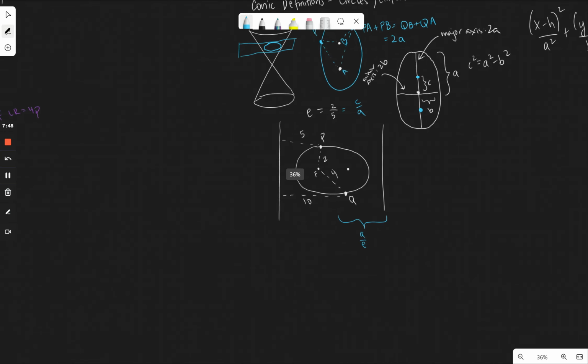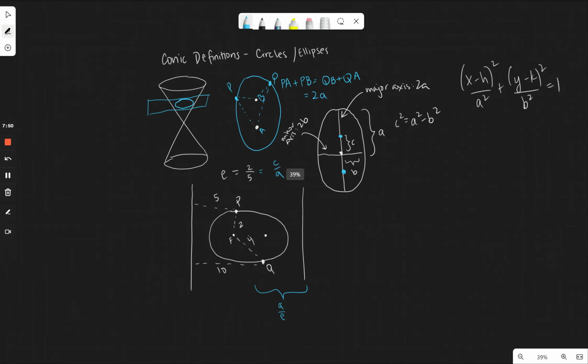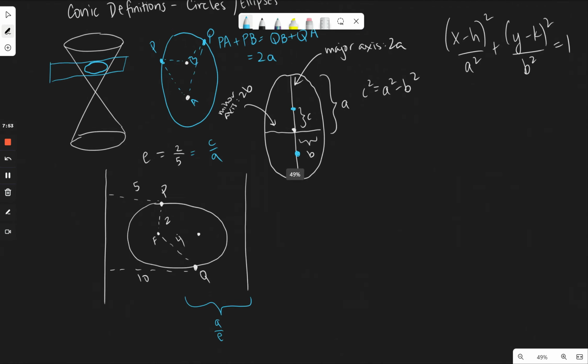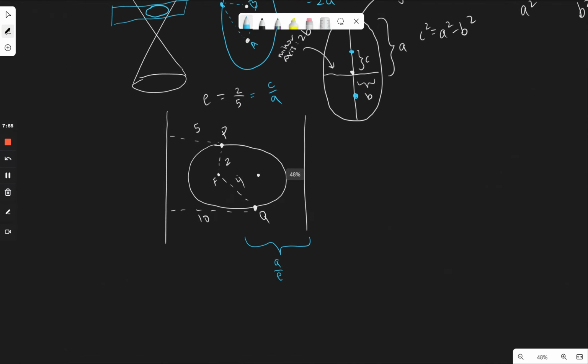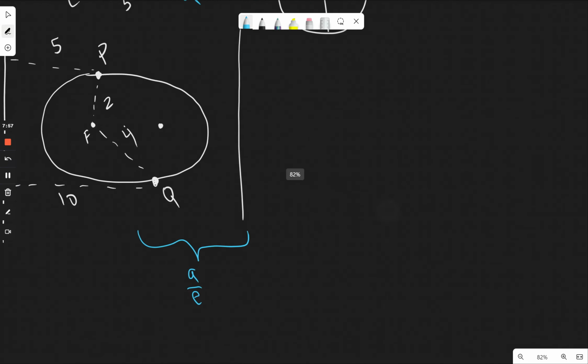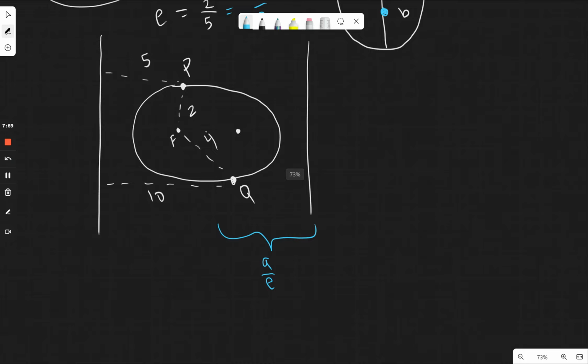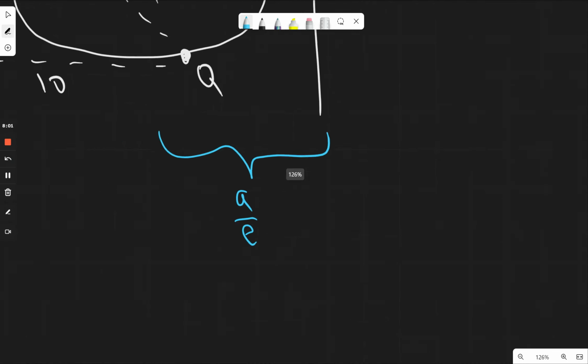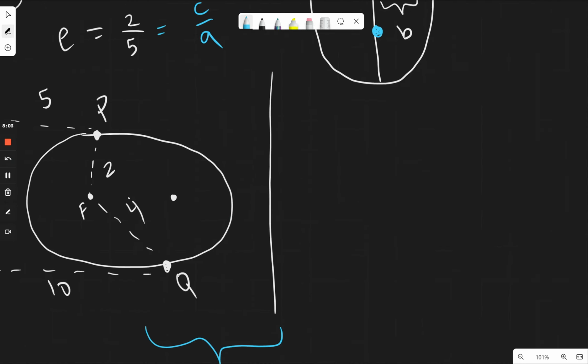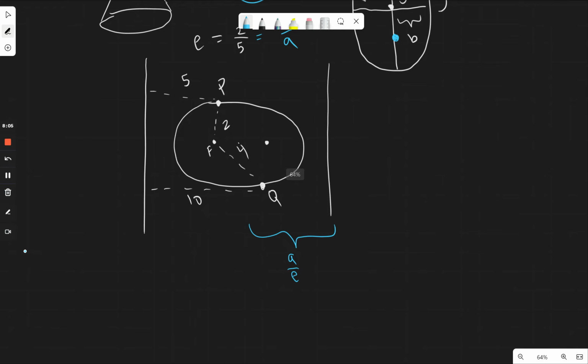I'm sorry, I'm hitting you with so much information, but this is just analytic geometry information, most of it all in one place. So a over e is equal to c over a, right? So this is just a over c over a, which becomes a squared over c.